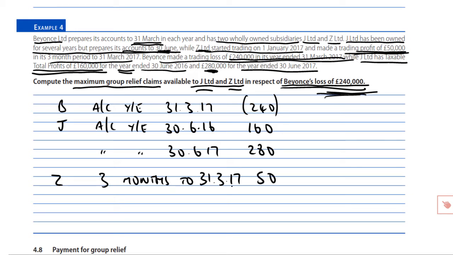Now, all of that 3 months to March 17 fits within the year ended March 17 for Beyonce. So all of that 50,000 is available to be group relieved. It all corresponds with the year ended March 17.